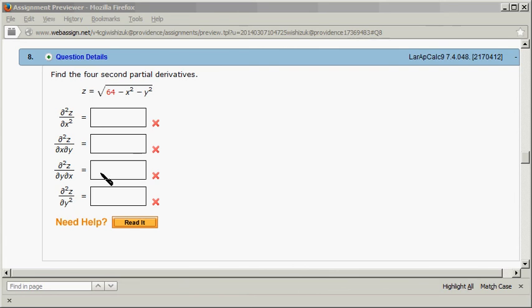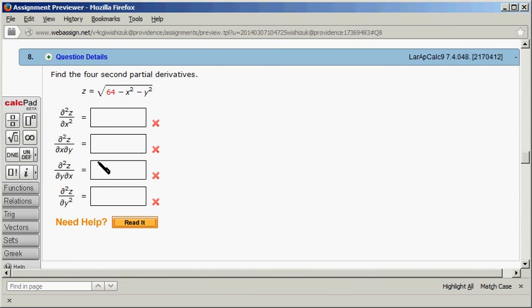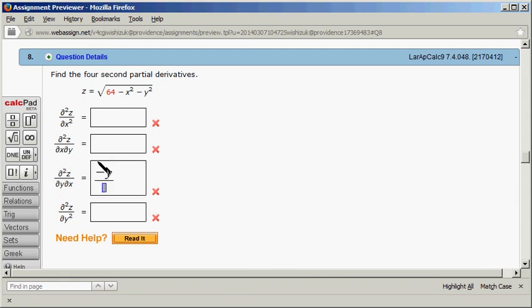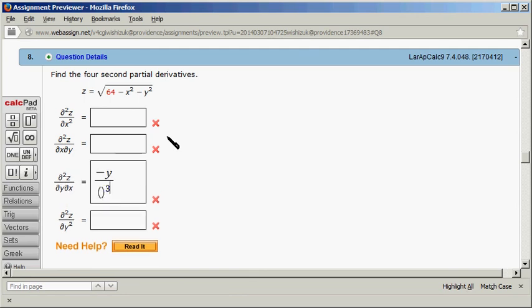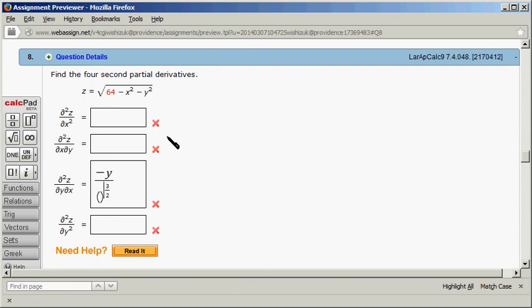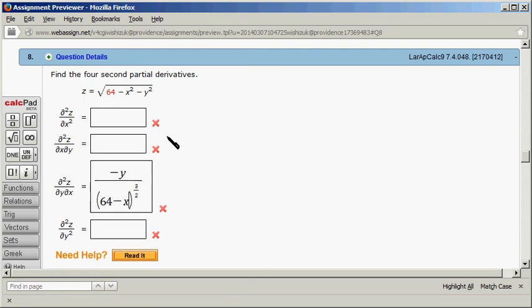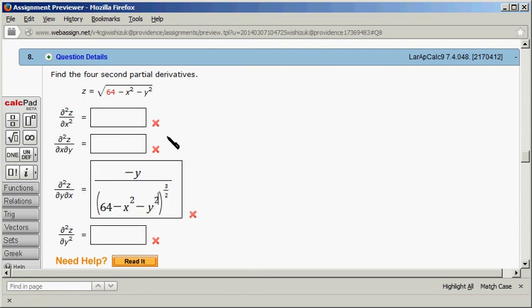So the mixed partial we got here was negative y over quantity 64 minus x squared minus y squared raised to the 3/2 power.